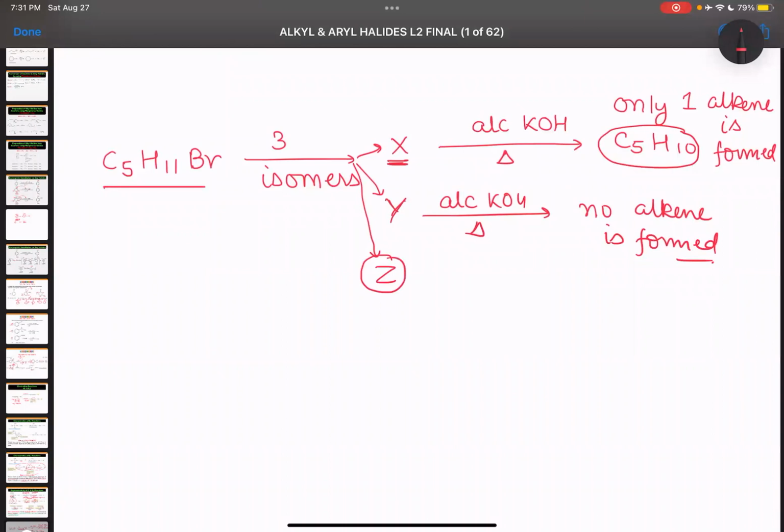And there is another isomer of this C5H11Br which upon elimination can give two different alkenes.